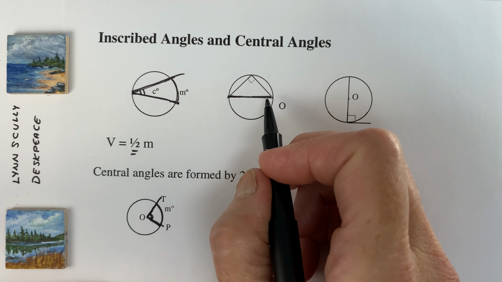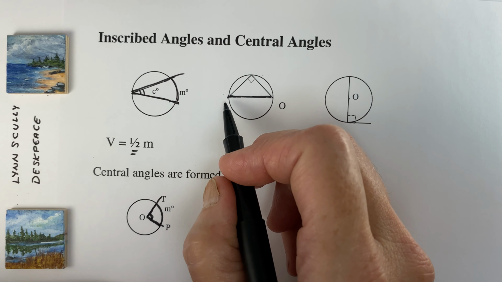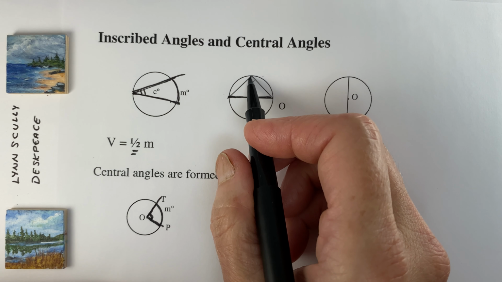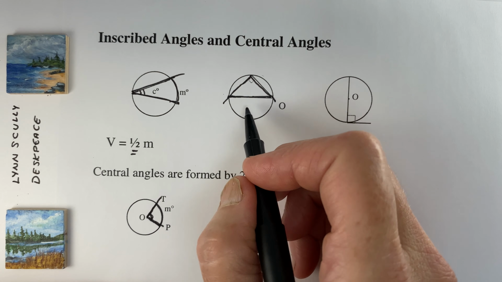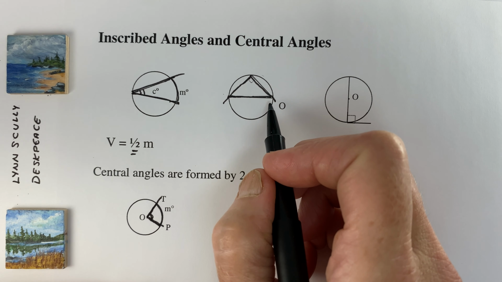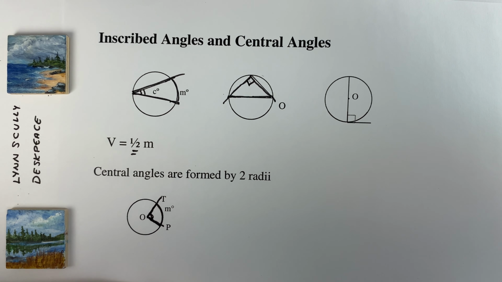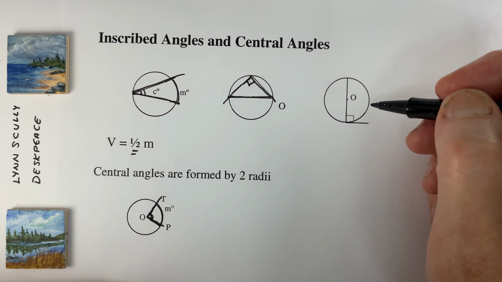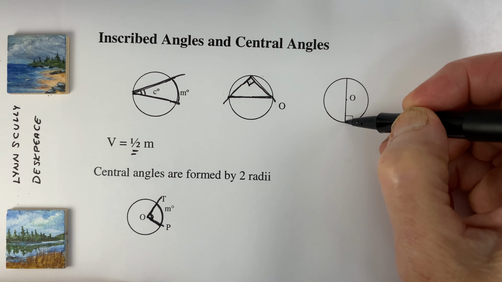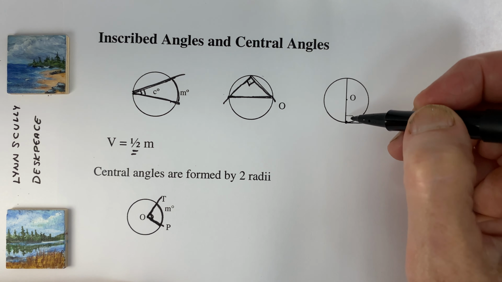A diameter cuts a circle into 180 and 180. If this is opening up to a diameter, it's opening up to 180 degrees, and 1/2 of 180 degrees is 90 degrees. This also is an inscribed angle because its vertex is on the circle.